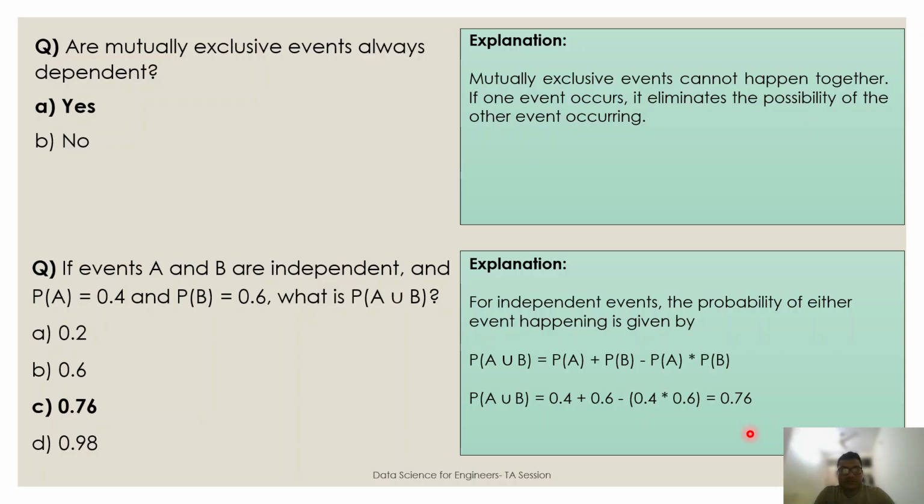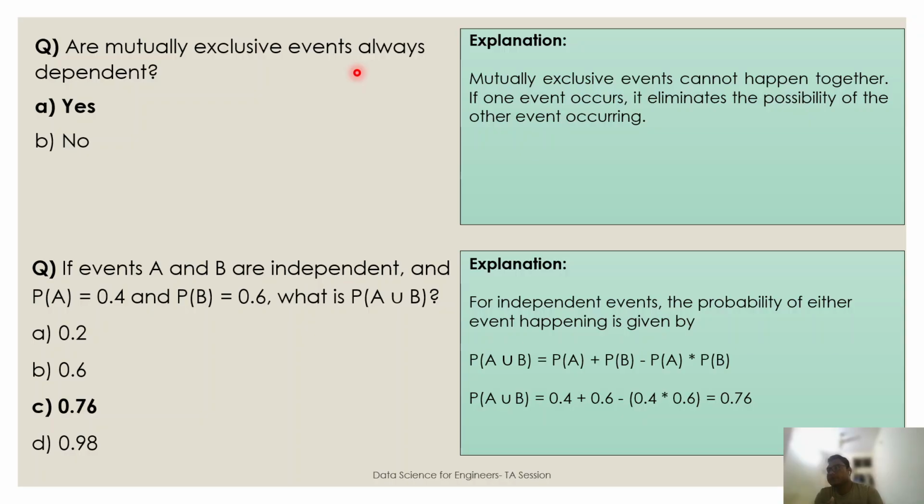So, mutually exclusive events are always dependent. If you have mutually exclusive events, if something is occurring, the other will not occur. What exactly does dependent mean?